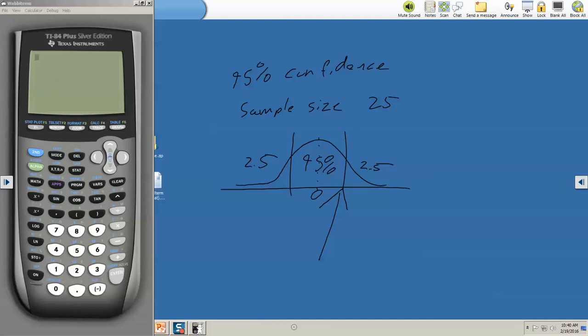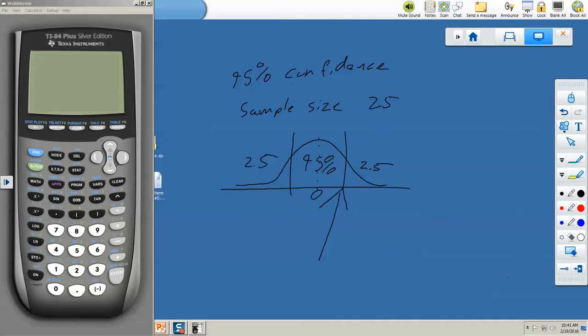Now, we can't just use the normal because this is a T model. It's got a sample size of 25. I want to remind you of how the calculator works. The command we're going to use to find this, because remember, this is finding a z-score or a t-score.